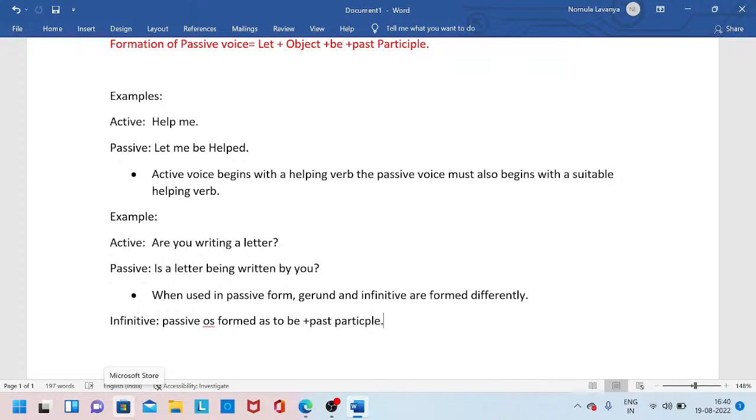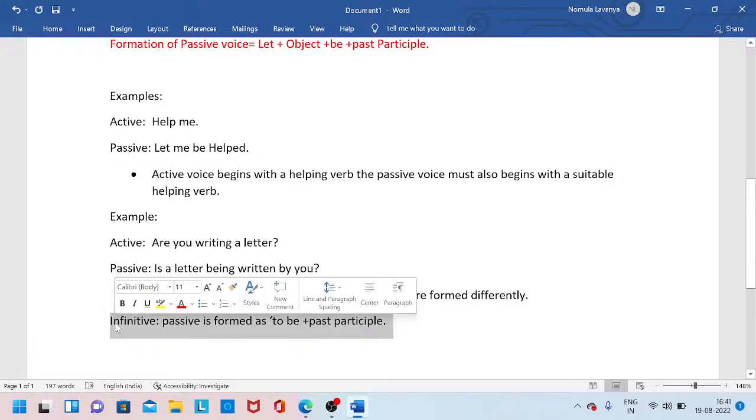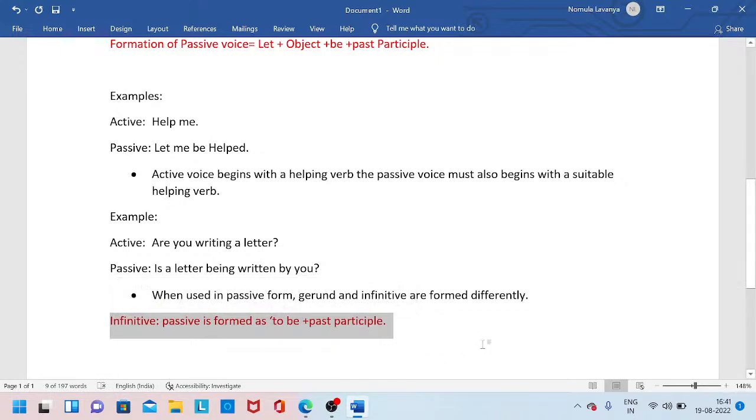In infinitive, passive is formed as to be plus participle. For this also I'll give you an example to get it better.